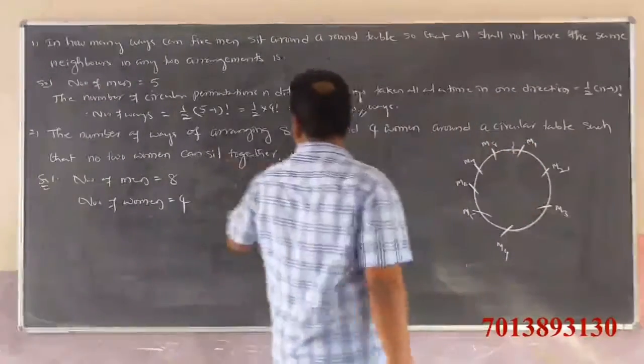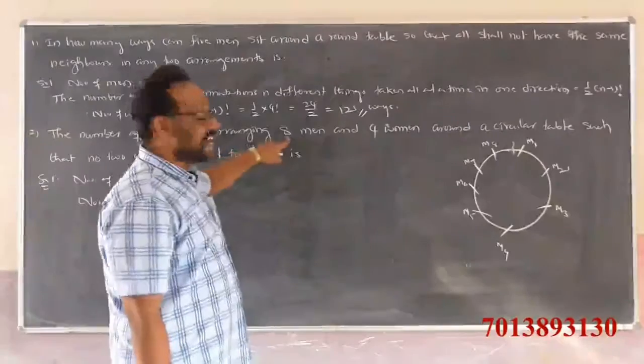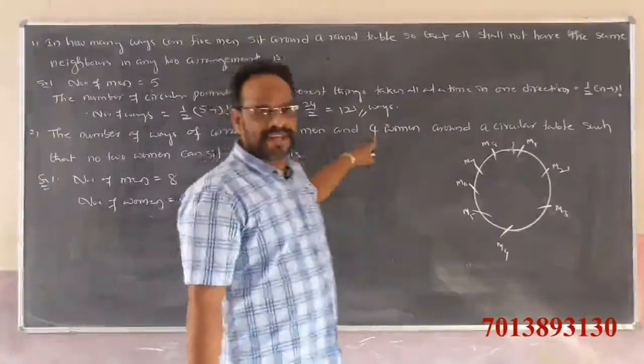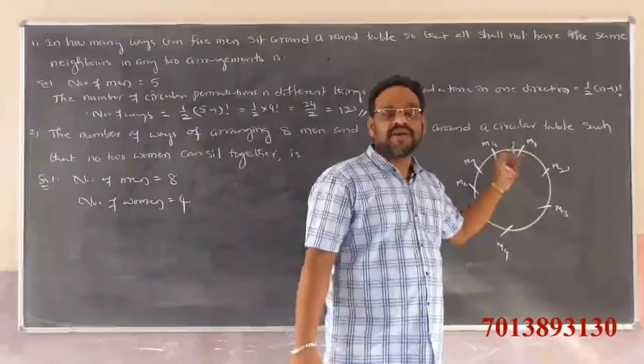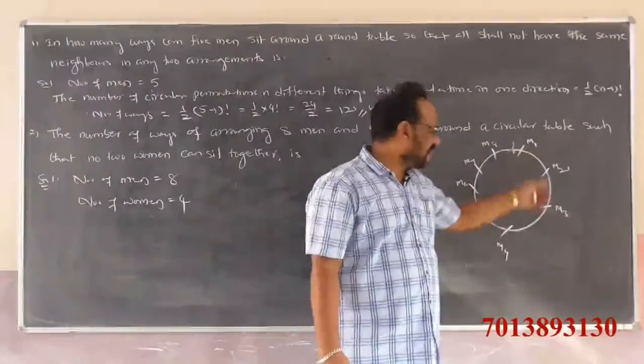So first we arrange the 8 men in circular permutations.